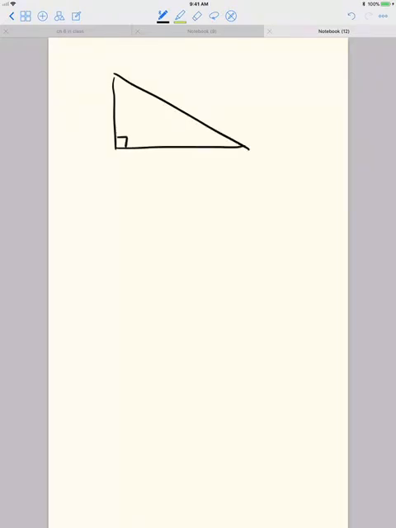So, say this side is 8 and the other leg is 12, and you want to find the hypotenuse. Again, you're applying the Pythagorean theorem. a squared plus b squared equals c squared. If all you have are side lengths, then you square 8, you square 12. 8 squared is 64, 12 squared is 144.